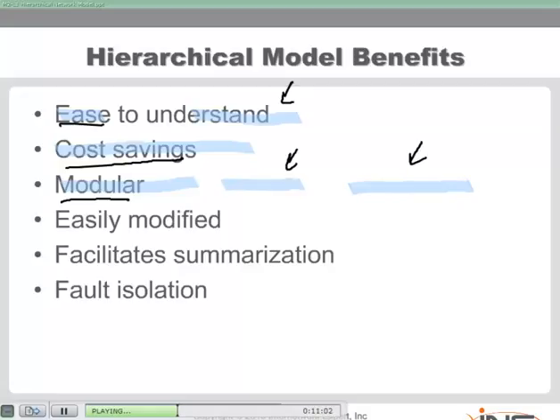Now, we're going to go through each of these layers and the functionality that is typical for each of them. But before we do that, I want to define each layer, and I want to impress upon you that sometimes there is the collapsing of layers. So sometimes, for simplicity, especially in a real small network, you might have an access layer and then a collapsed distribution and core.